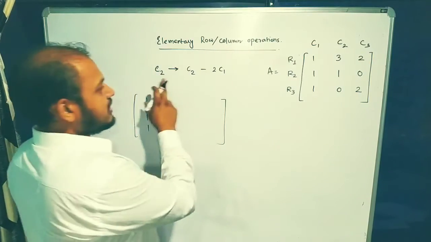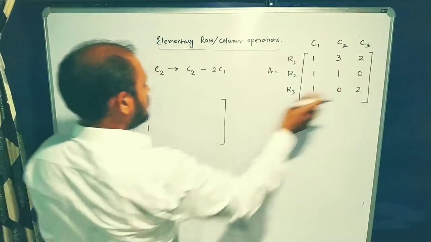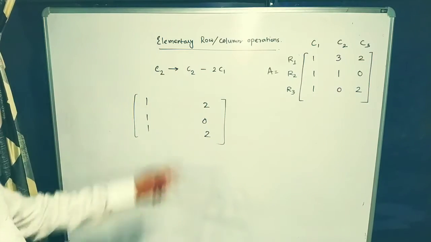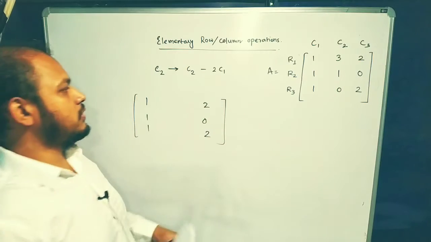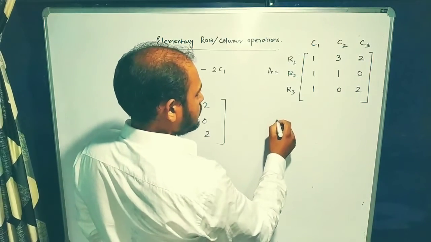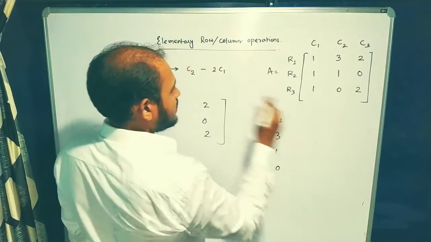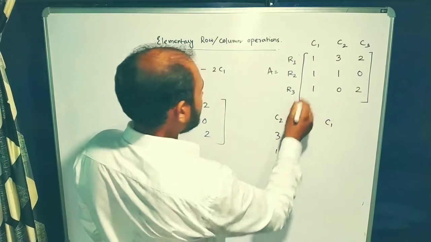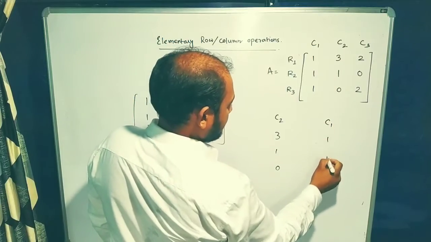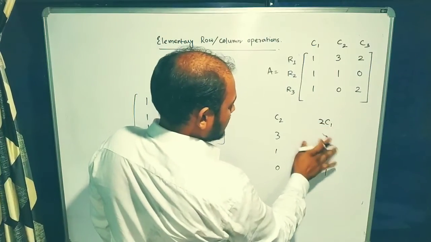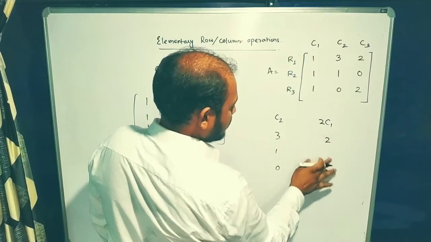C3 again will remain the same, 2, 0, 2. Only C2 getting changed to C2 minus 2C1. So first of all, what is C2? C2 is 3, 1, 0, and what is C1? C1 is 1, 1, 1. Now it is 2C1. So after multiplying by 2, every number becomes multiplied by 2.